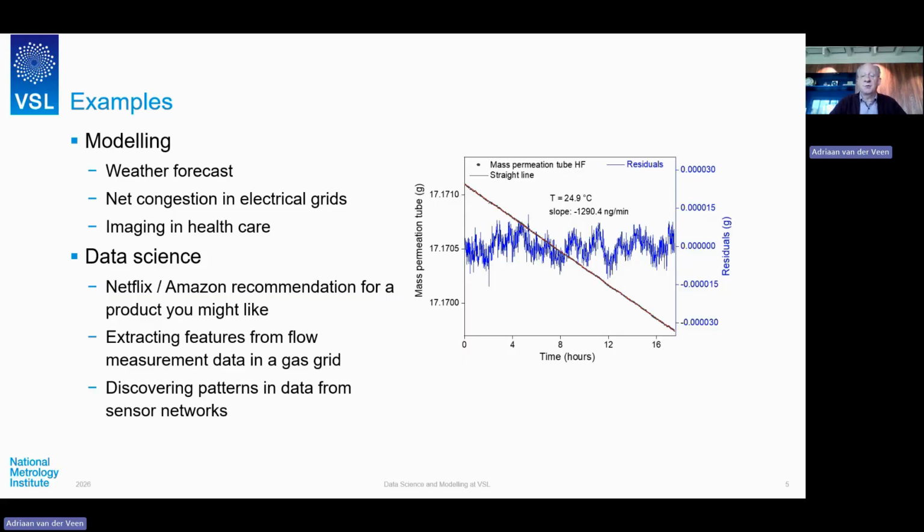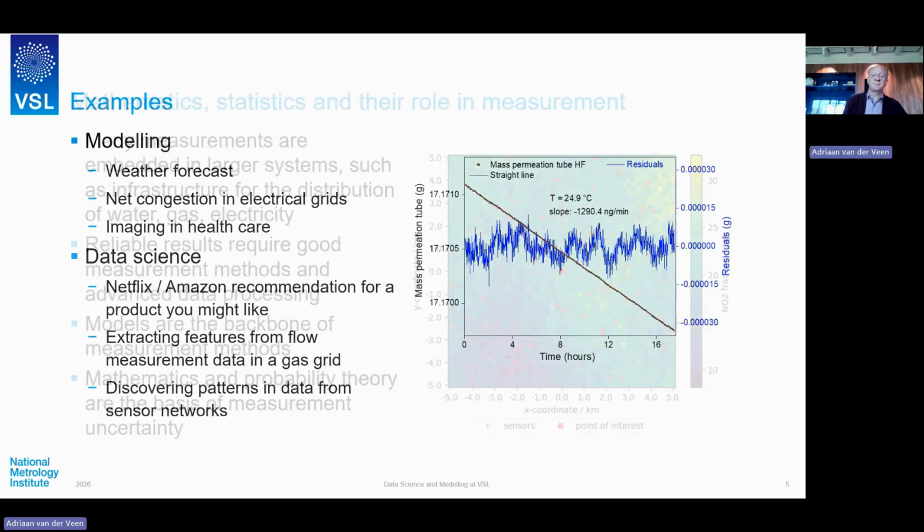And that is where we use also ourselves data science techniques to model those patterns to get reliable estimates and a duly evaluated measurement uncertainty.